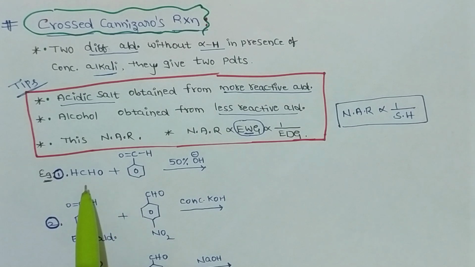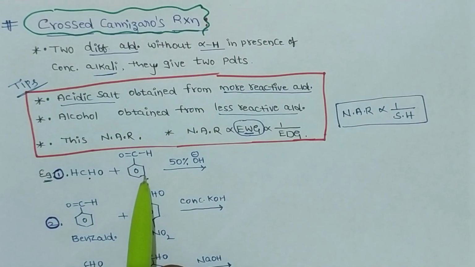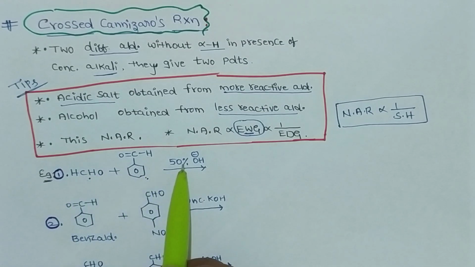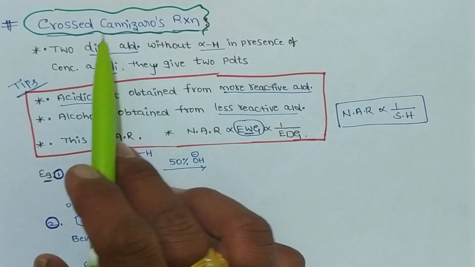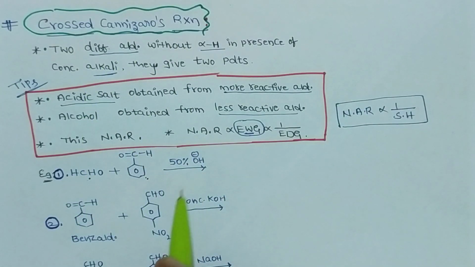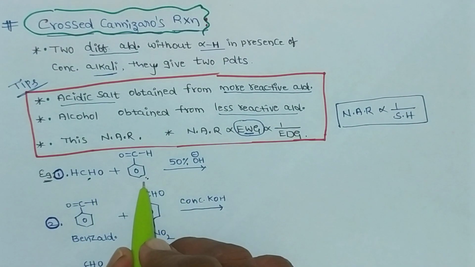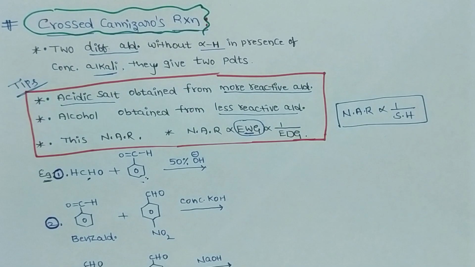Now, for example, we are taking formaldehyde and benzaldehyde. Two different aldehydes, whenever they react with concentrated alkali, will undergo crossed Cannizzaro reaction. Neither compound contains alpha hydrogens, so they undergo the crossed Cannizzaro reaction.